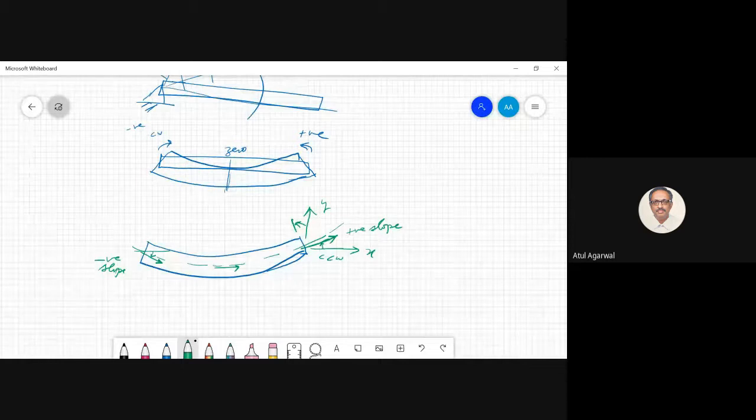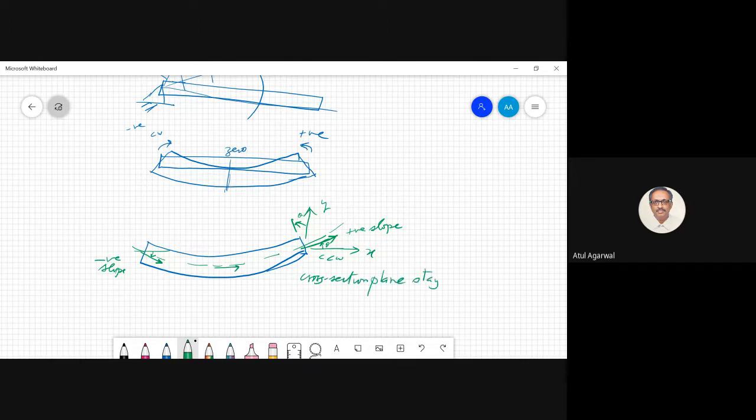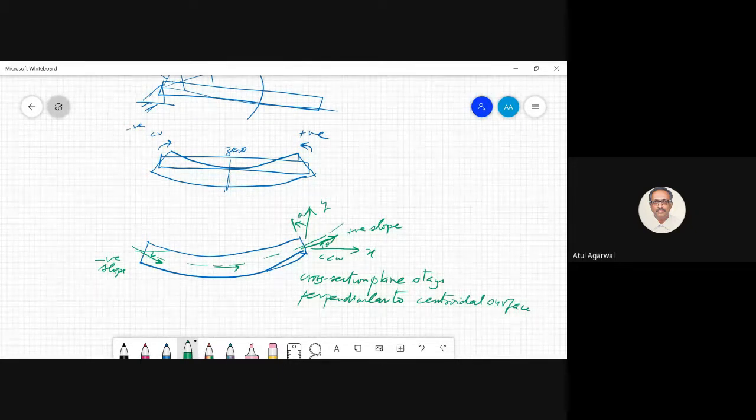Now can you see that these two angles are the same? If this cross-sectional plane stays perpendicular to the centroidal surface, you see, if this angle is 90 degrees, this entire angle is 90 degrees.